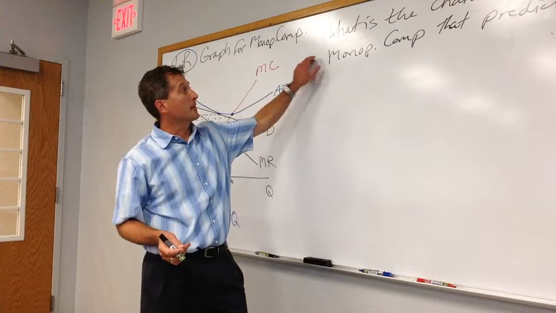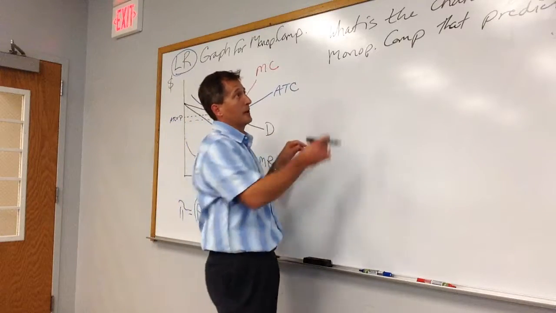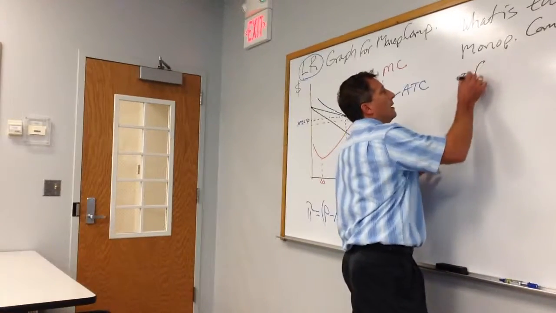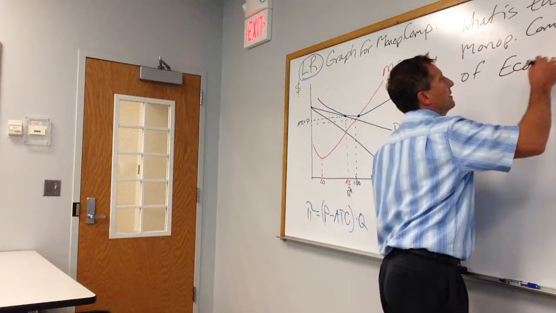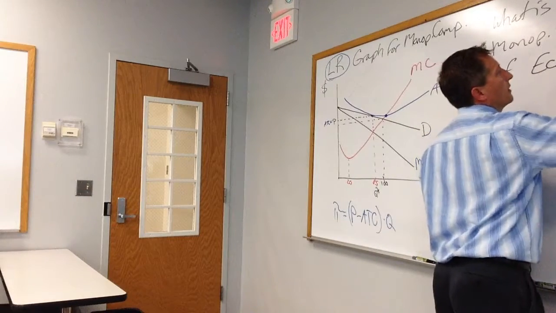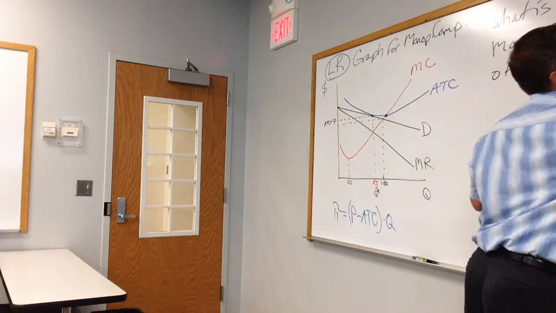What is the characteristic that leads us to the prediction of economic profits equal to zero in the long run?